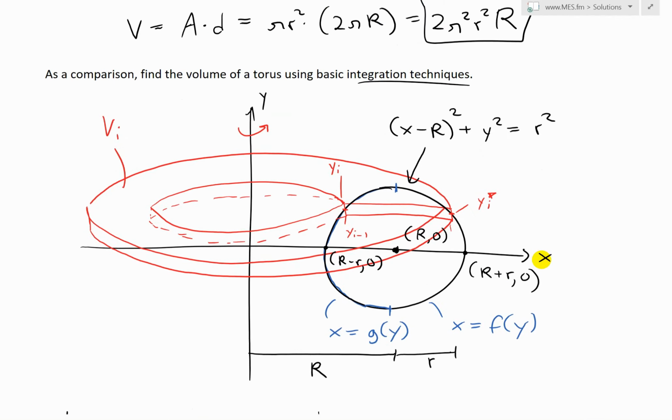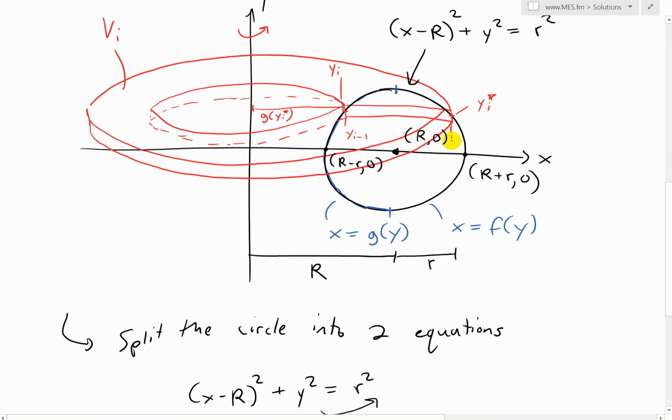Now the distance from this point all the way to the sample point, we'll draw it like that. This is on the left side of the equation, so we'll write this as g of yi star. Then all the way to this right side, let's draw this line down here.